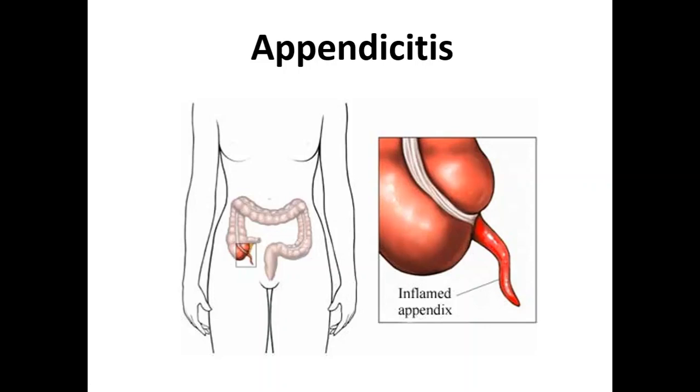Right now, they believe it is just a vestigial organ, which we will talk about later in evolution. But if it gets inflamed and infected, you have to have it removed. Otherwise, it will burst, and here's a bigger picture of it. It can burst inside your body and you can die from infection.